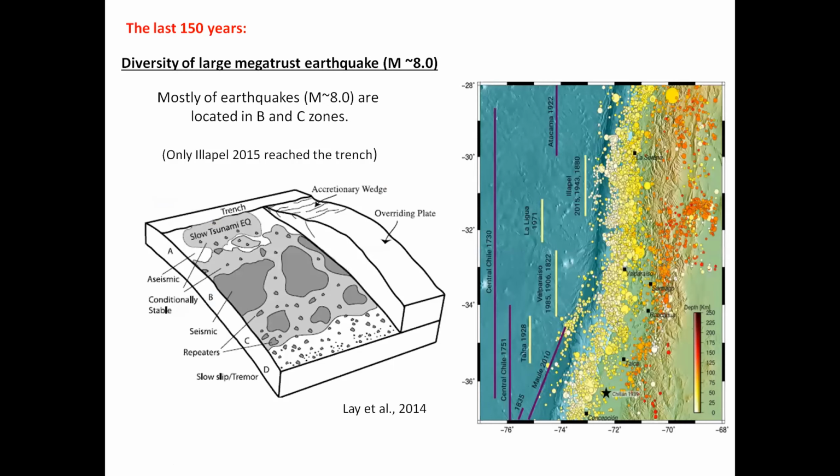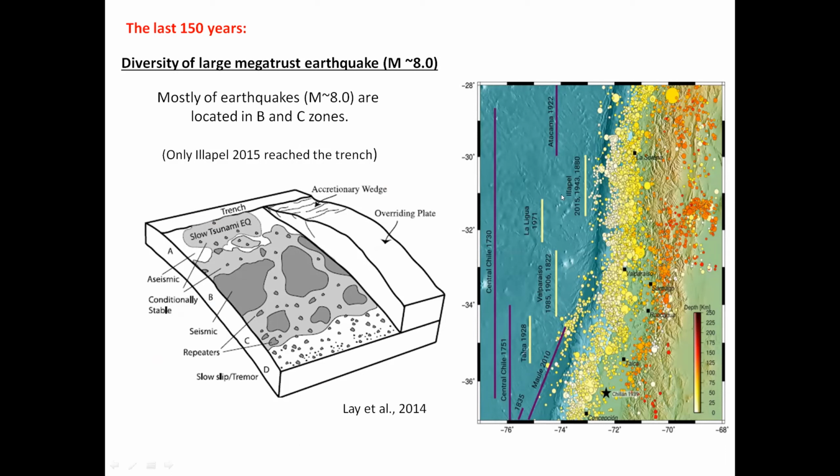And if we move now to the events of magnitude around 8 that occur in this part of Chile, we can divide them here, grouped with these yellow lines that describe ruptures of around 200 kilometers length.